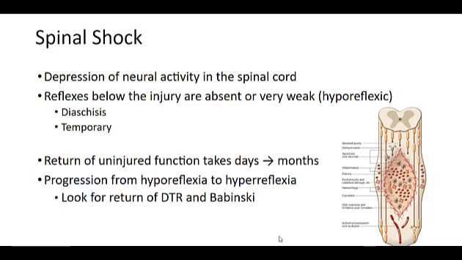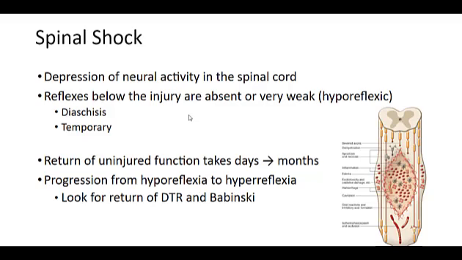So we term this spinal shock, and you're going to see a depression, initially a depression of neural activity in the spinal cord. And we've talked already before how in the initial stages of neurologic damage, you can actually see hyporeflexia. Okay, that damage there is referred to as diaschisis, and you're going to see the reflexes below the level of injury being absent or very weak.